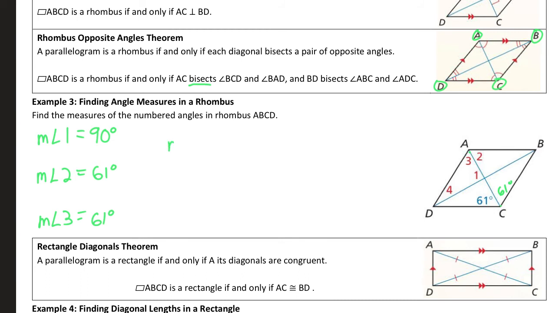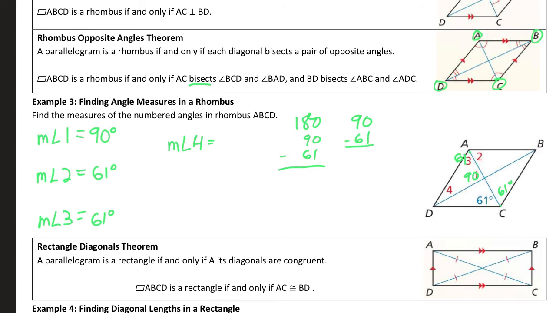And then the final angle, measure of angle 4, I'm going to do a little bit of work. I'm going to use my knowledge that angle 1 is 90 and that angle 3 is 61, and I could use my knowledge of triangles and say 180 minus 90 minus 61, or just 90 minus 61.